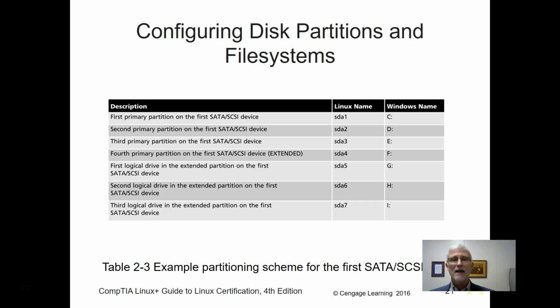Linux has a little different abbreviation, where it's SDA. So it's kind of a SCSI device. So 1, 2, 3, 4. So it gives you different naming. So just don't get nervous when you see SDA1 versus the C drive.